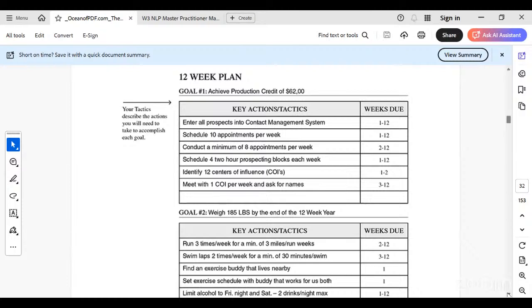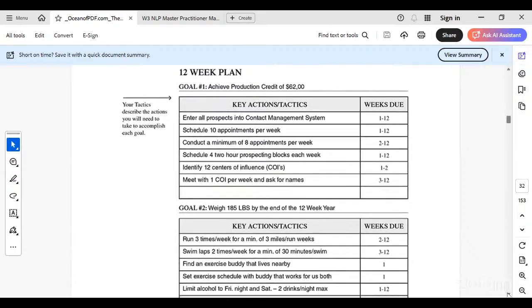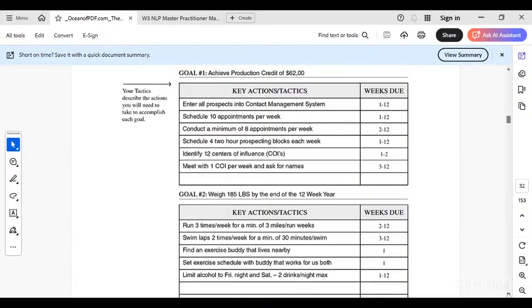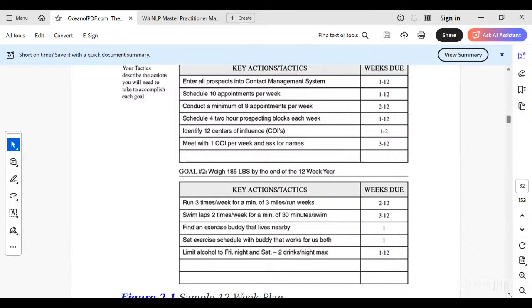Identify 12 centers of influence, COIs, weeks 1 and 2 only. Meet with 1 COI per week and ask for names, week 3 onwards till 12. So if you see here, every week something is getting repeated, something is coming only in some of the weeks, and some is in between from that week onwards, right?